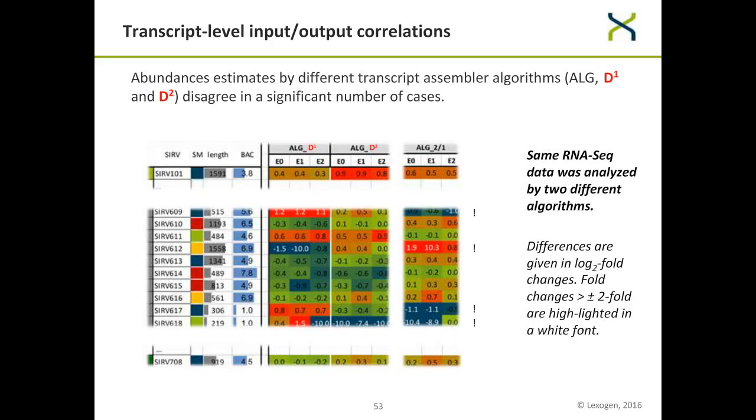And now we actually get to a very interesting input-output correlation, and that is on the transcript level. So in this heat map here, actually, you see the testing of 2 different algorithms. So again, the same RNA sequencing dataset was quantified by 2 different algorithms, D1 and D2.